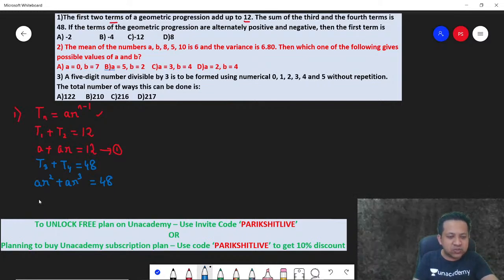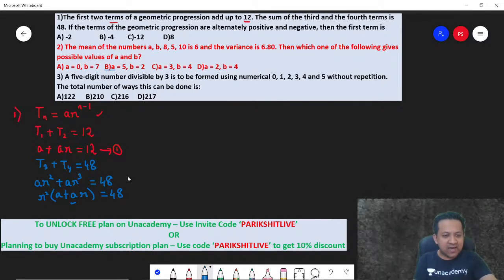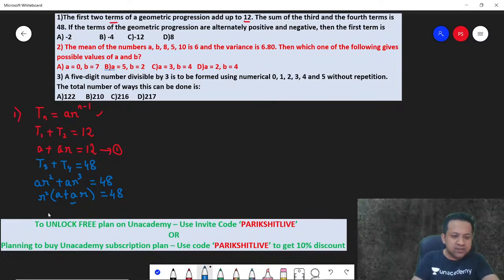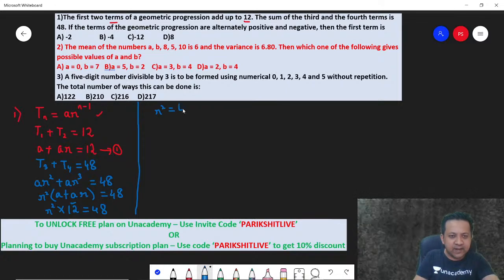So it becomes R square into A plus AR is equal to 48. How much is A plus AR? Get the value from equation 1. From equation 1, A plus AR is 12. So R square into 12 is 48, which implies R square is 4. Correct?